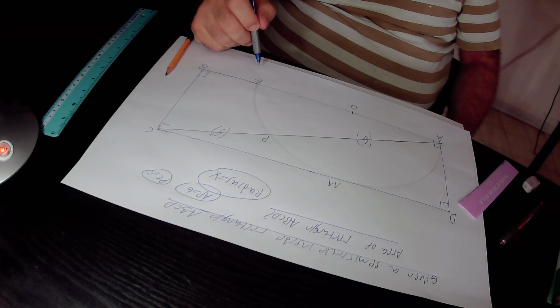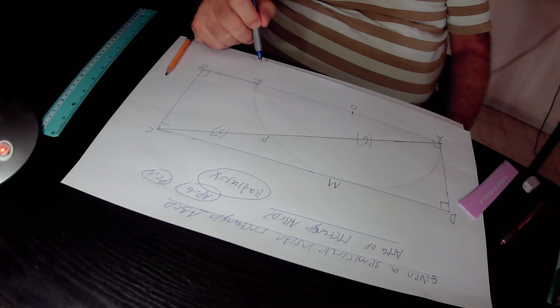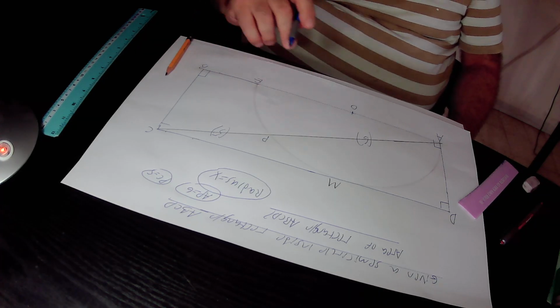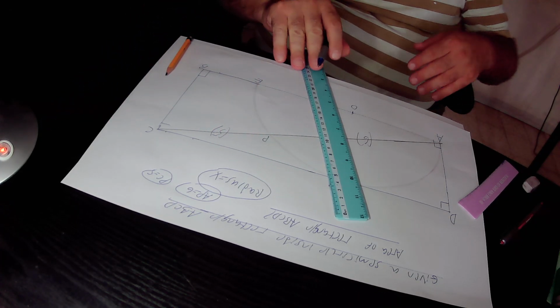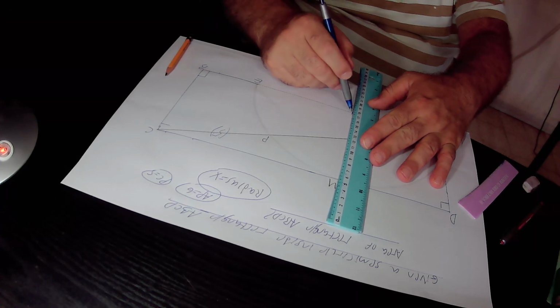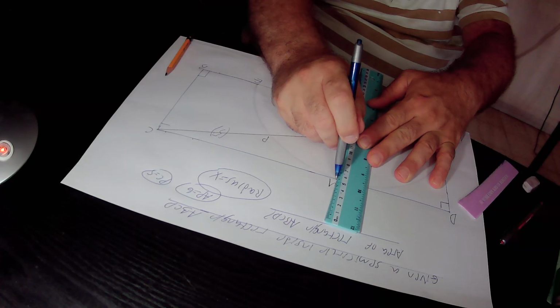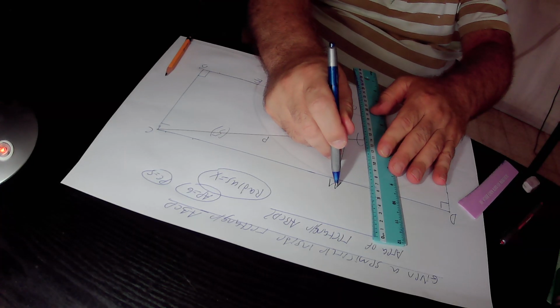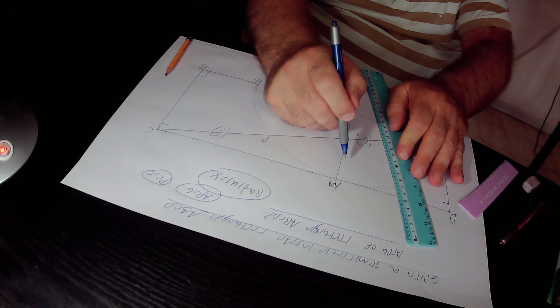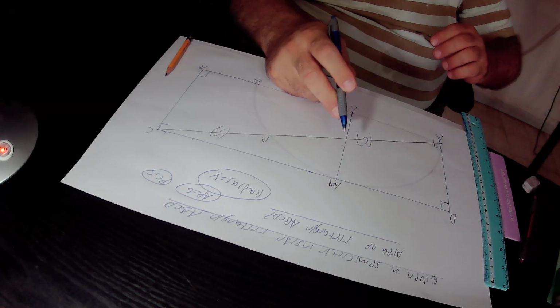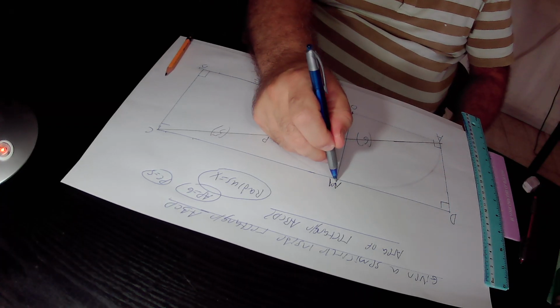In the next step, we join points O and M together by a straight line. Point O is the center of this semicircle. Point M is a point on the semicircle itself.